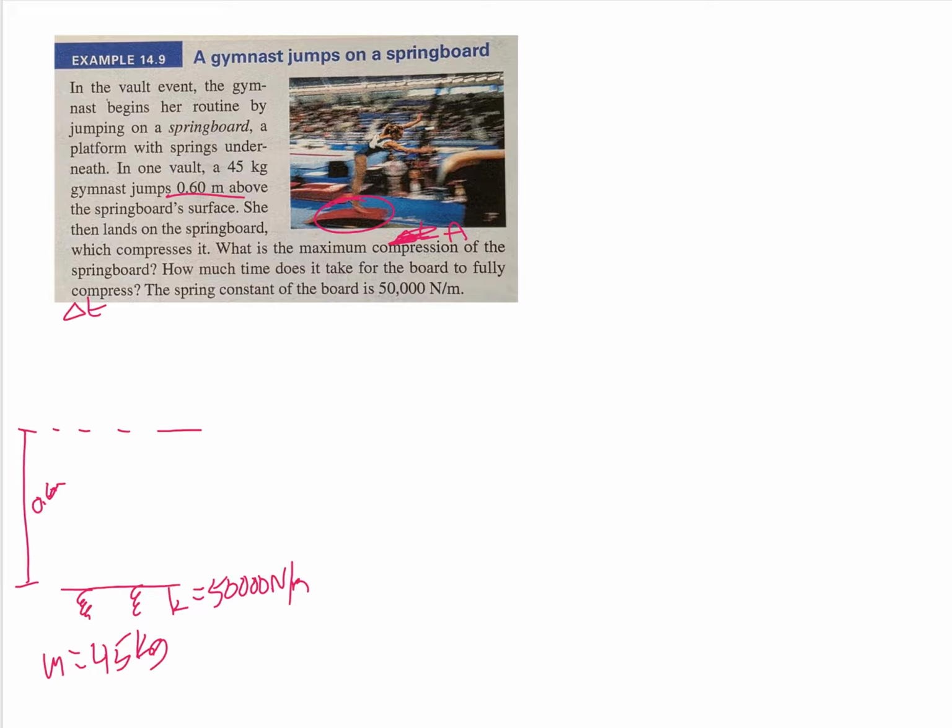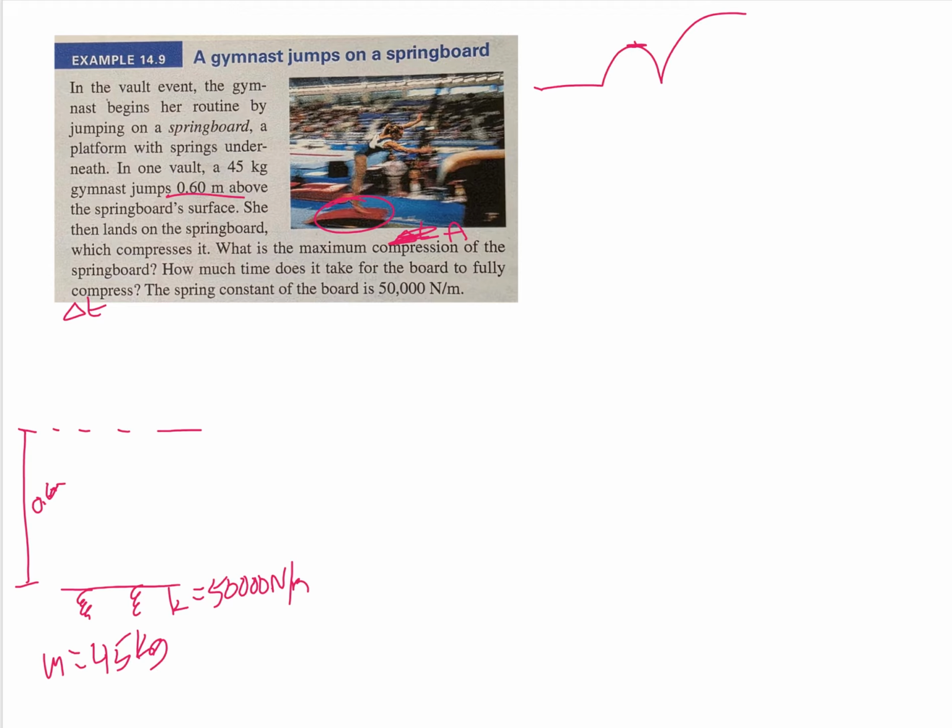She jumps. She's running along and then she jumps, lands on the springboard, and gets vaulted off, right? So VY initial would be from this height right here, which is 0.6 meters. So what is VY initial? The velocity in the Y direction?